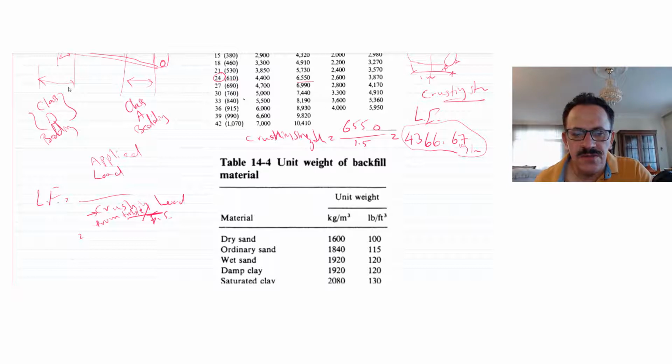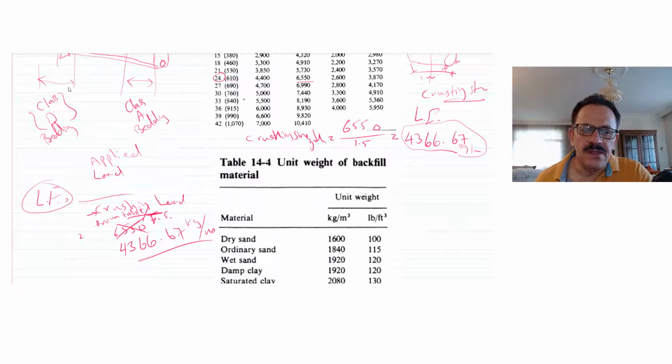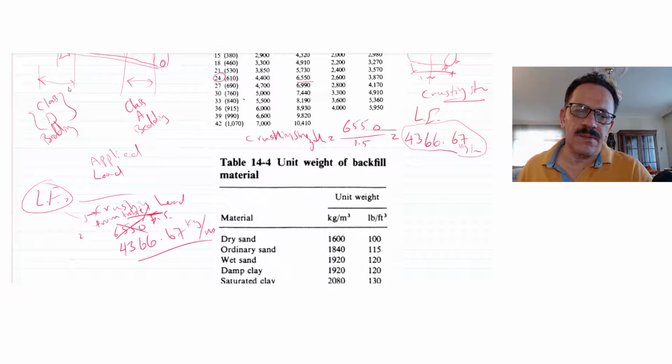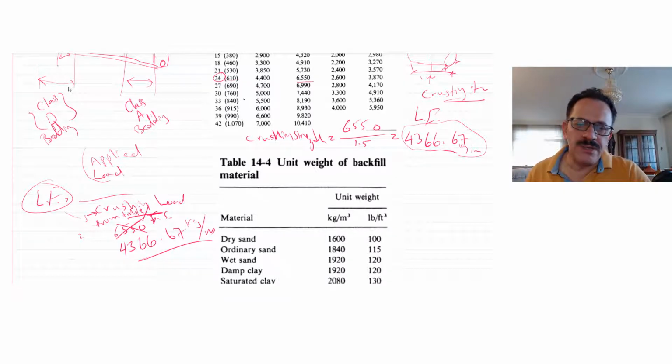So instead of saying 6,550, I will say it should be 4,366.67 kilogram per meter. This is just for the capacity of this pipe. Now this is what is related to the pipe itself.